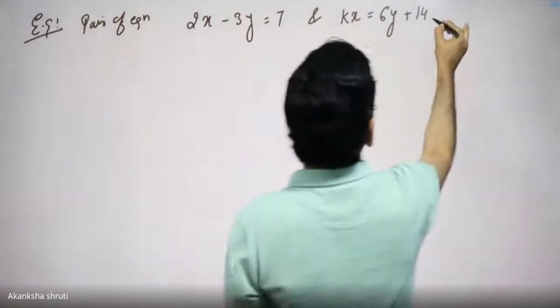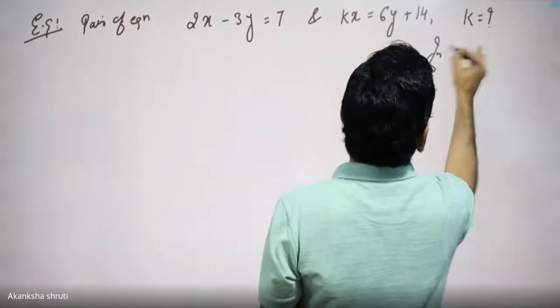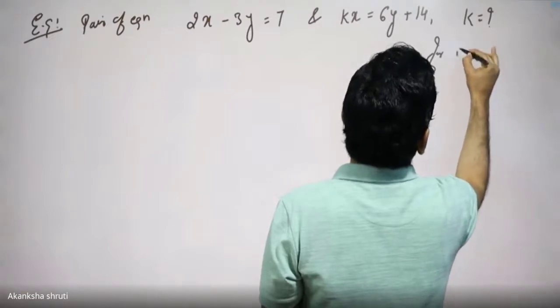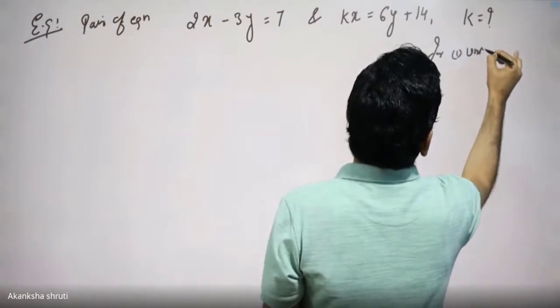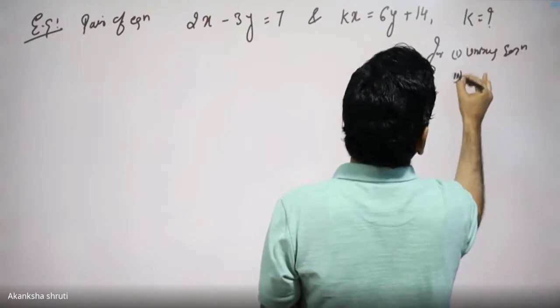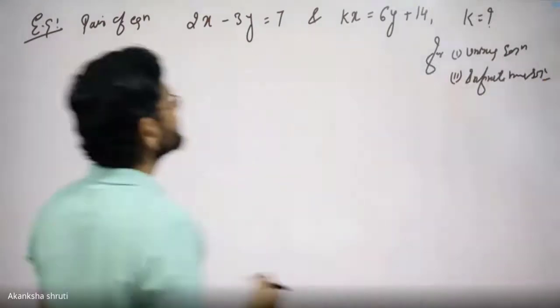For this, we have to find the value of k for infinitely many solutions, or for no solution, or one may ask for the unique solution. The second one is infinitely many solutions. In these two situations we have to find the value of k.